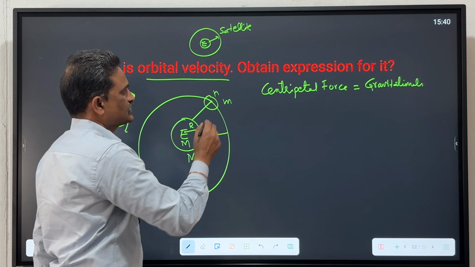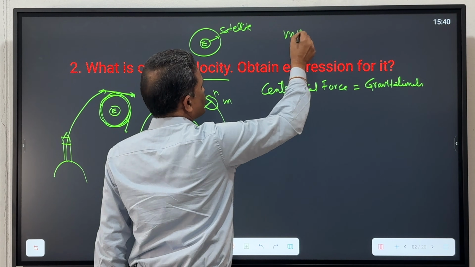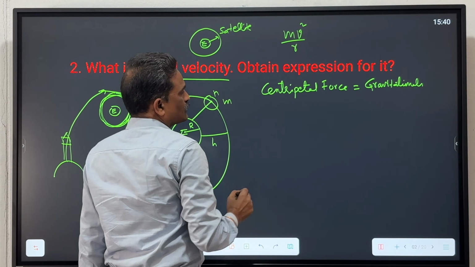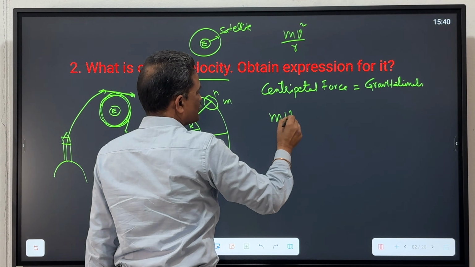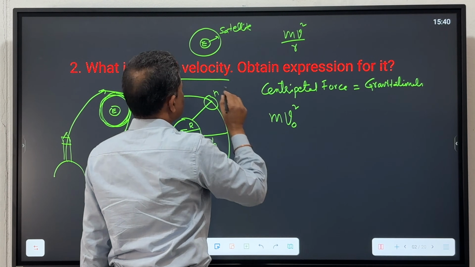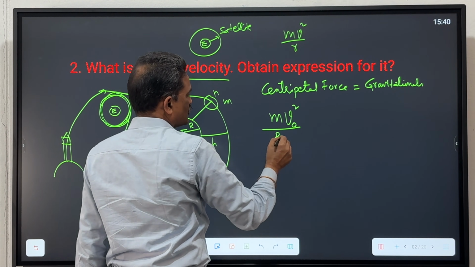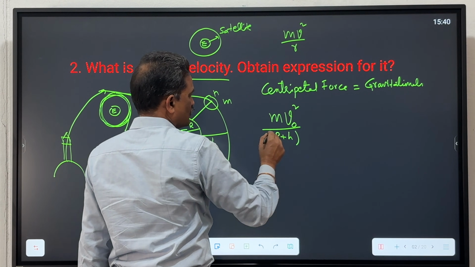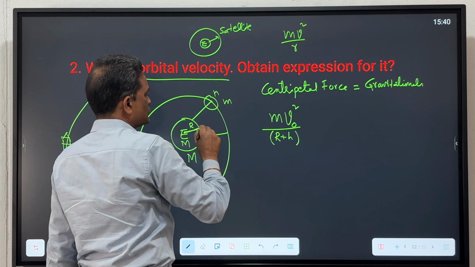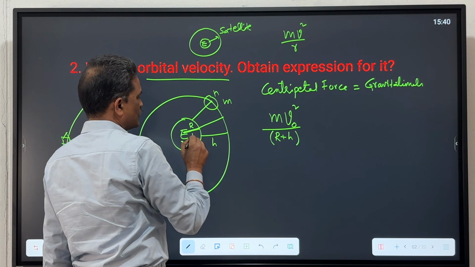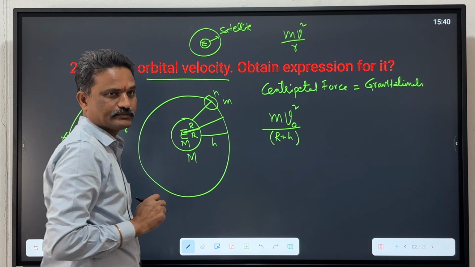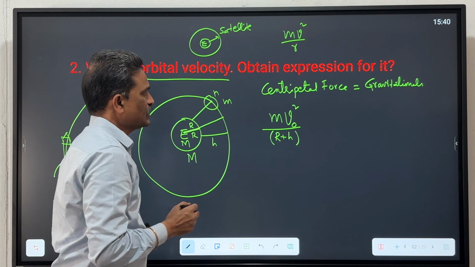The formula for centripetal force is mv squared by r. So I write it as m vo squared by r, where vo stands for orbital velocity. Here r should be the distance from the center of the earth: from here to here is R, from here to here is h. So it is m vo squared by (R plus h).